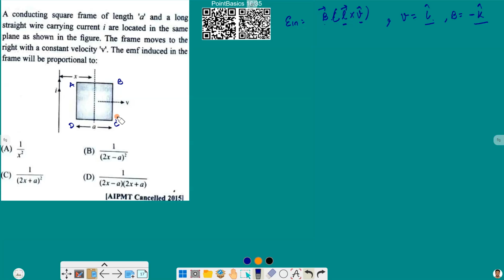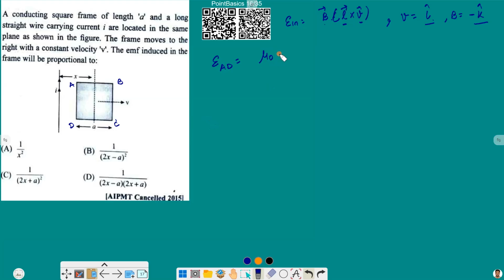So we need to find that, and we know that induced EMF is BLV. For AD, the induced EMF will be given by the magnetic field at this wire AD, and as this is a long straight conductor, the magnetic field is mu naught I by 2 pi into the distance.